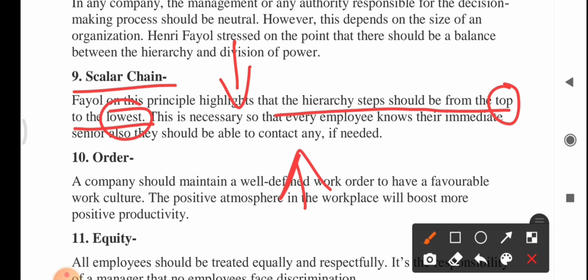For example, in a school, the principal gives an order and it should reach down to the peon or whoever is at the lowest grade. It should not be that the peon gives the order, as that would disturb the whole system. This is known as the scalar chain. Is it clear?